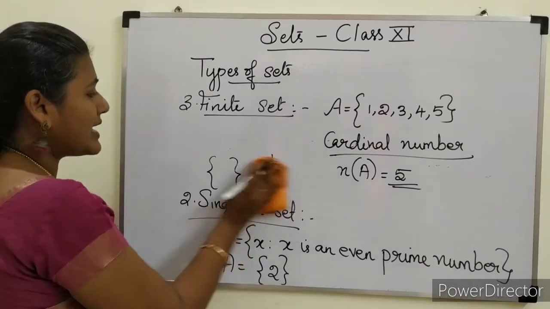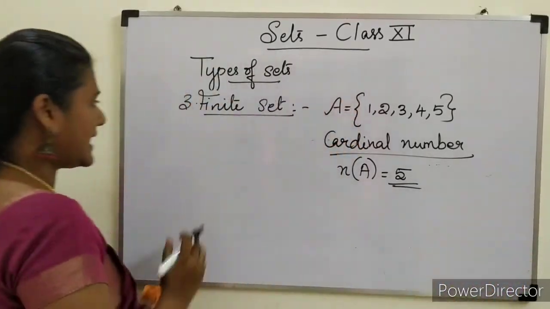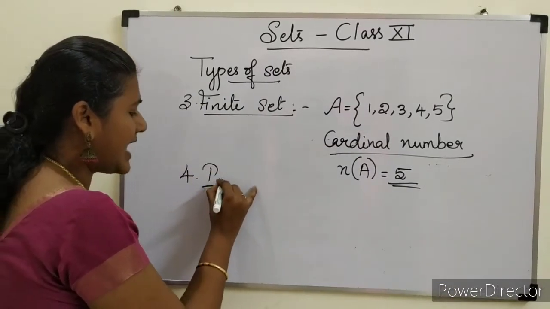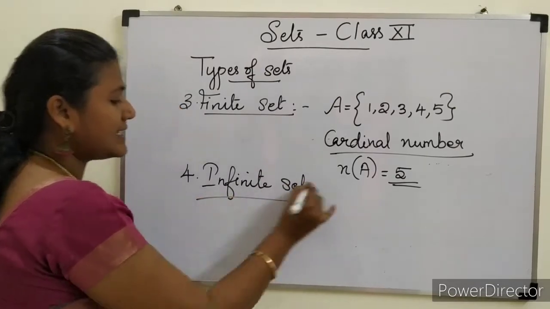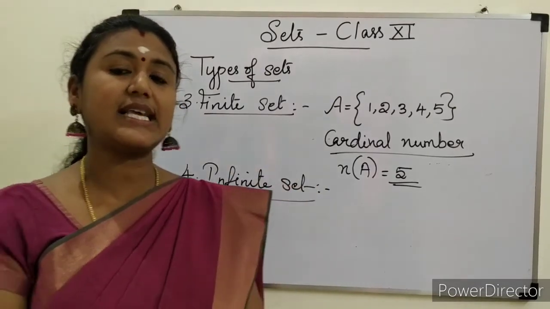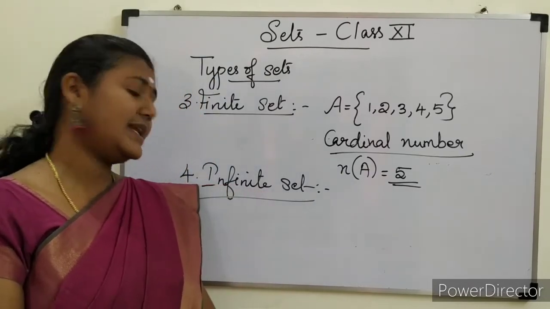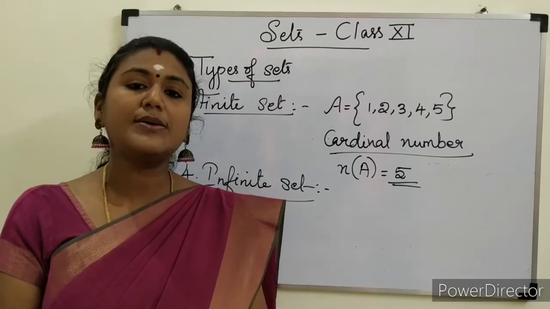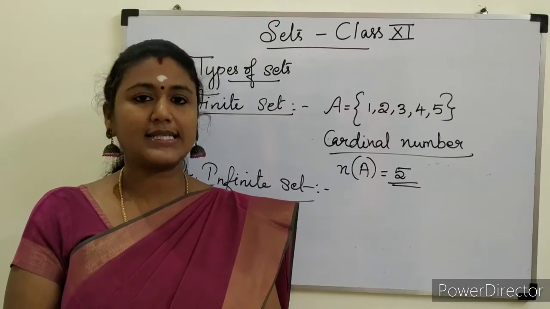So the next one is infinite set. Infinite set is a set which has infinite number of elements. In an infinite set, it is not possible to write all the elements in roster form because it is infinite.